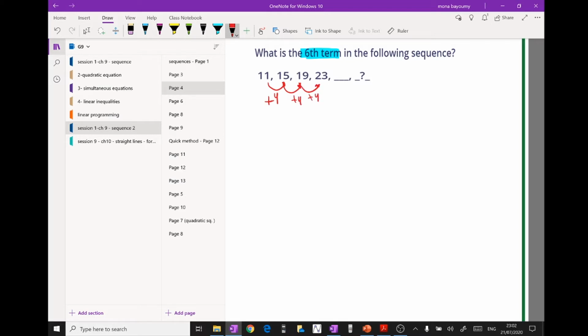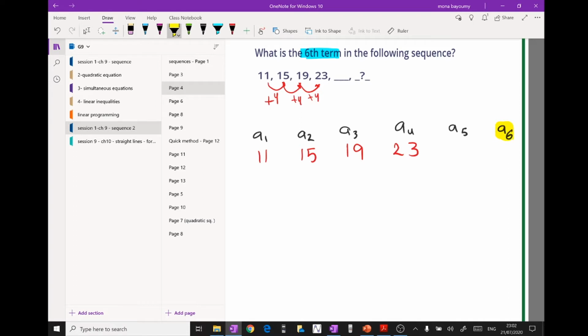So here our sequence is 11, 15, 19, 23. 11 is the first term, which we represent as A1. A2 is 15, A3 is 19, A4 is 23, then A5 and A6.